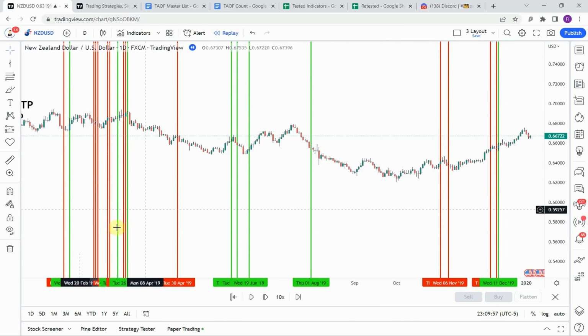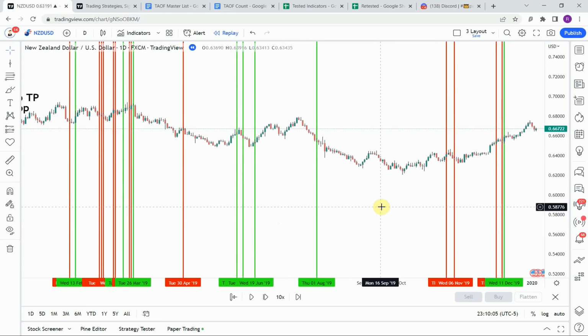Let's go ahead and count out our winners and see what we have. So 1, 2, 3, 4, 5, 6, 7, and 8. 8 winning trades. So that is not going to meet the 60% criteria that we were looking for.